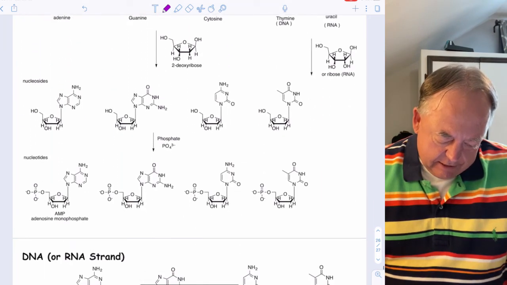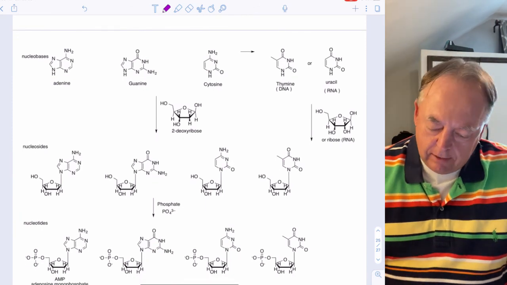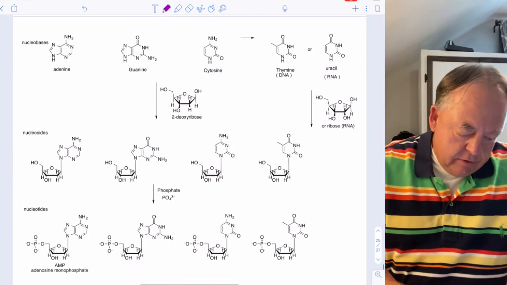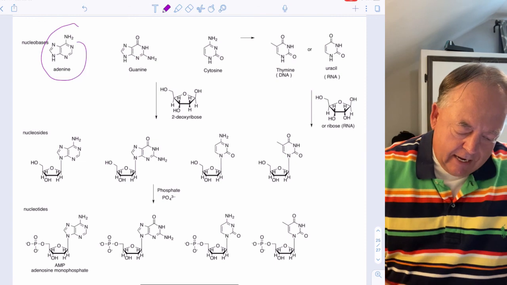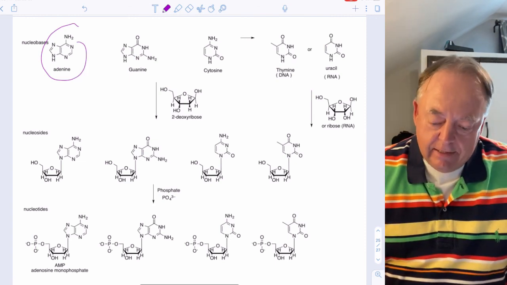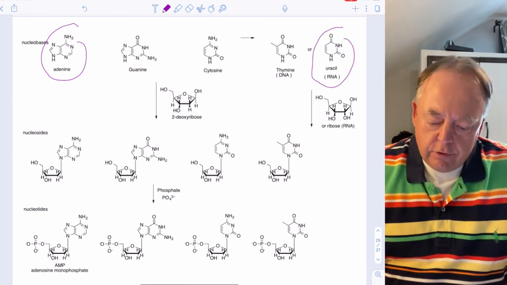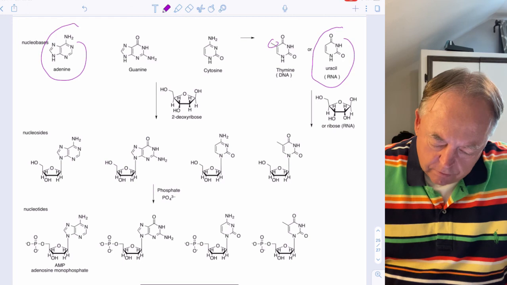Okay, and then lastly, I just wanted to show a couple of other examples of where carbohydrates are important in biological chemistry. So these are nucleobases, right? Adenine, guanine, cytosine, thymine, which would be the nucleobases in DNA, or in RNA, then thymine is replaced with uracil. The only difference being a methyl group right there.